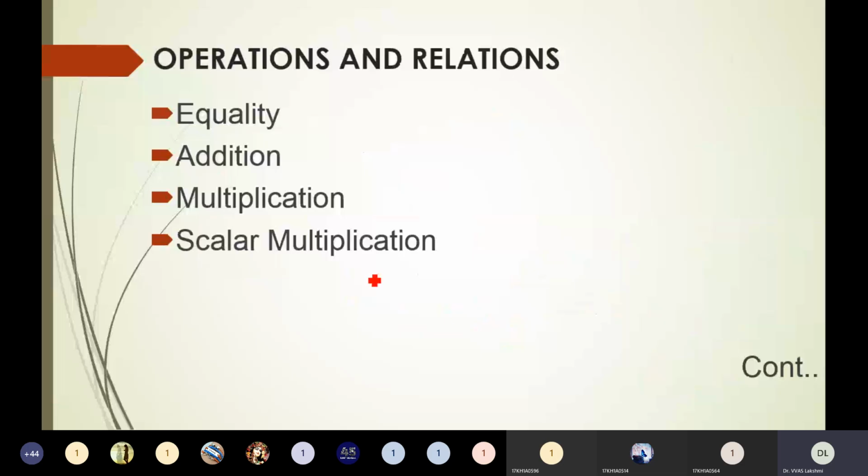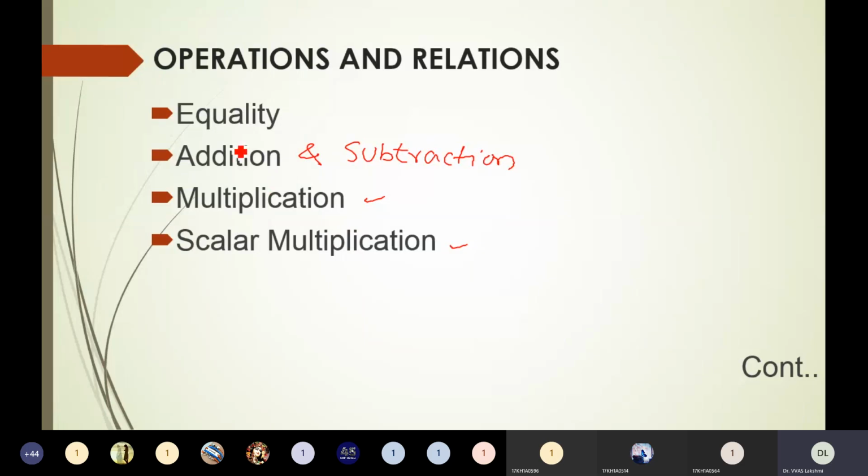Okay, next. These are the operations performed on matrices. First is equality, second is addition and subtraction. Both of these operations are performed on matrices. The third is multiplication, and the fourth is scalar multiplication.